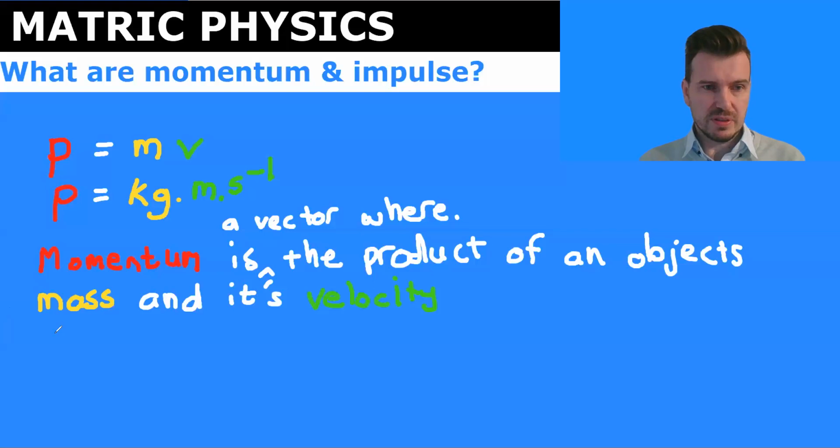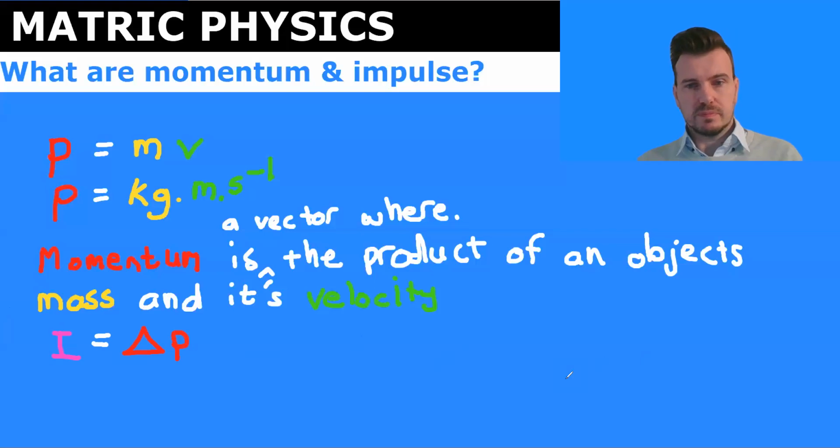So impulse is equal to my change in momentum. So sometimes when they give you the momentum, you then know that you need to work out the impulse, you can just get the change in momentum.